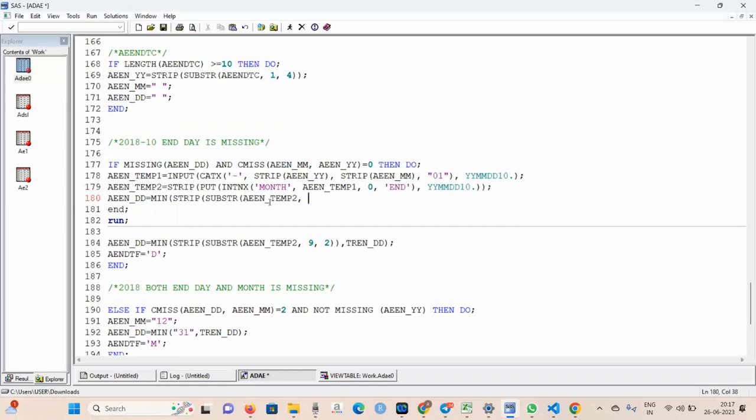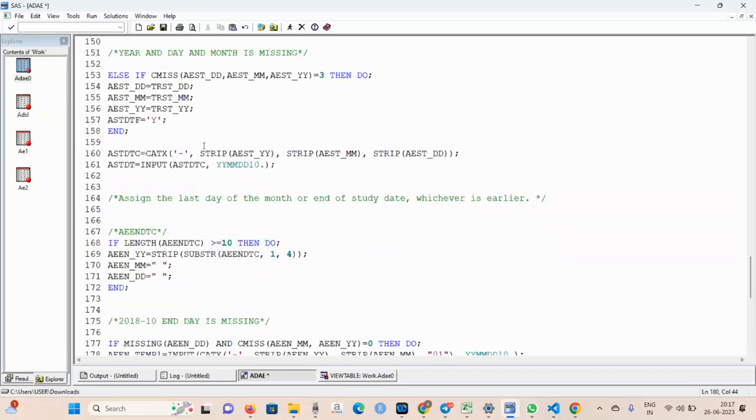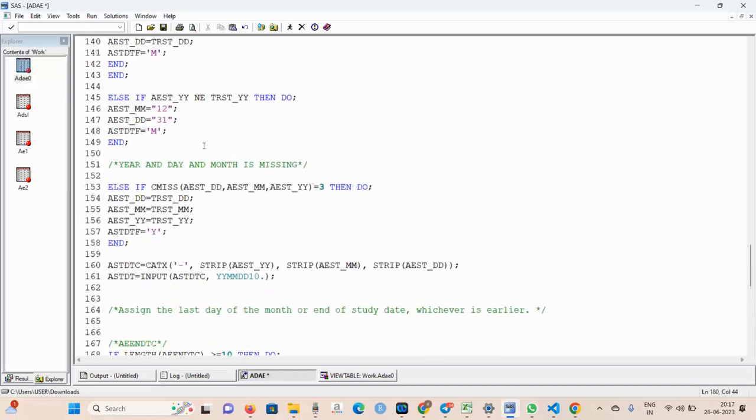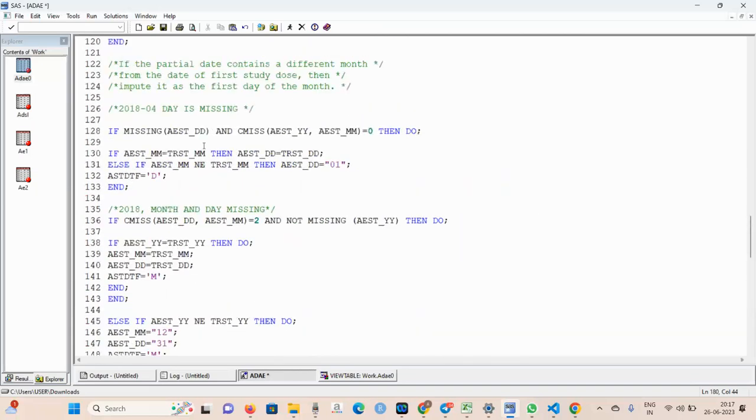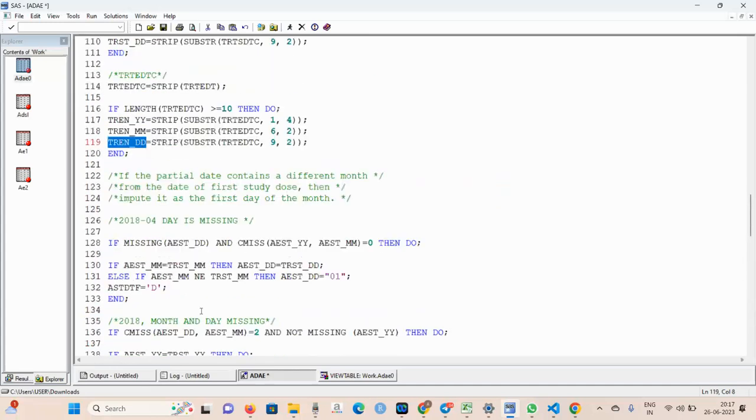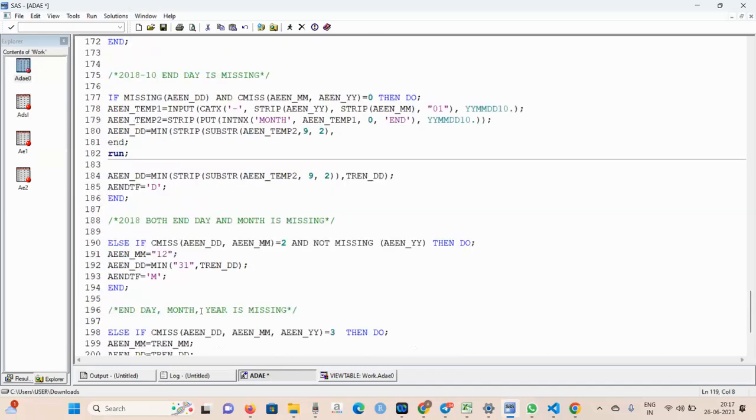So the ninth position, because the year comes first. So 2. And treatment. So we check if it works or not.